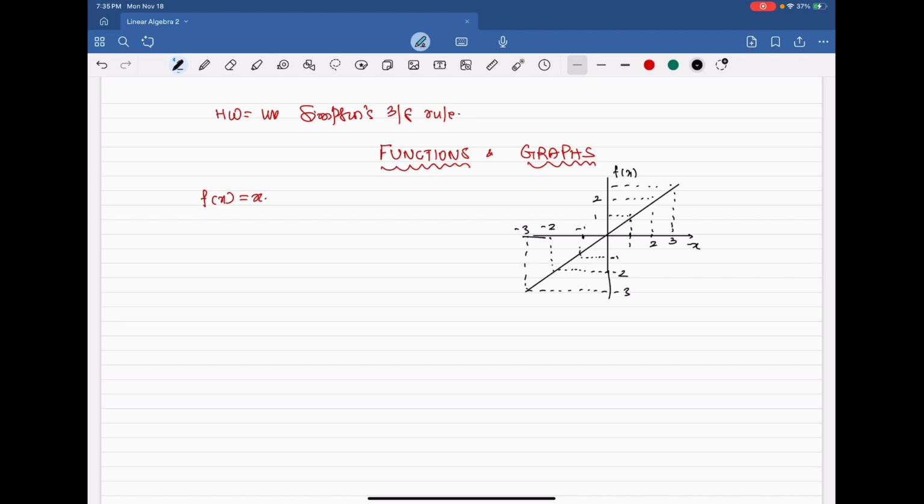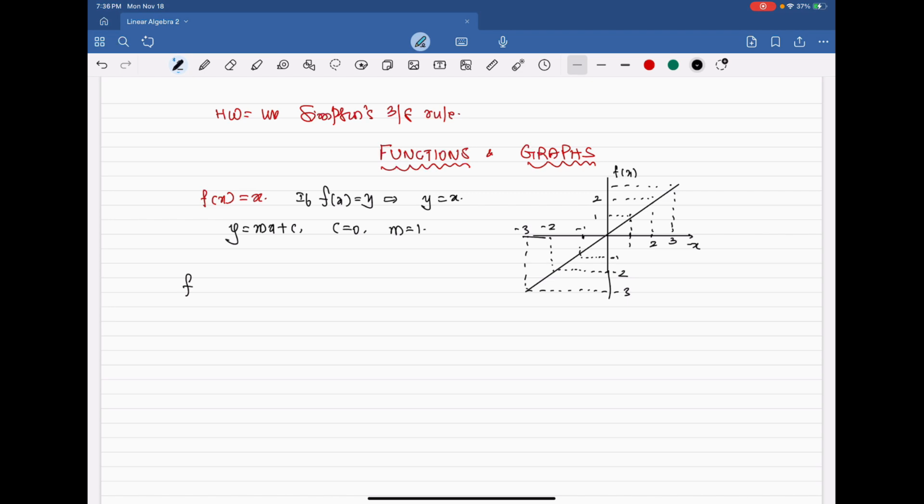It's a straight line having some slope. If function x is equal to y, then it will be y is equal to x, with a slope 1. It's a straight line. In y is equal to mx plus c, intercept c is equal to 0 and m is equal to 1. That is what function x is equal to x is.